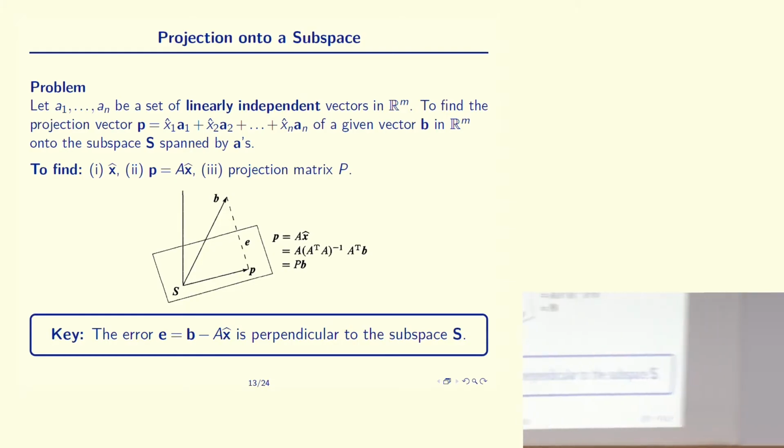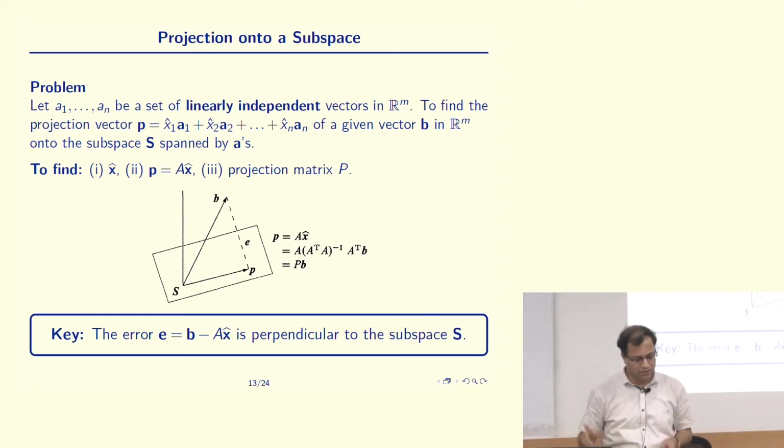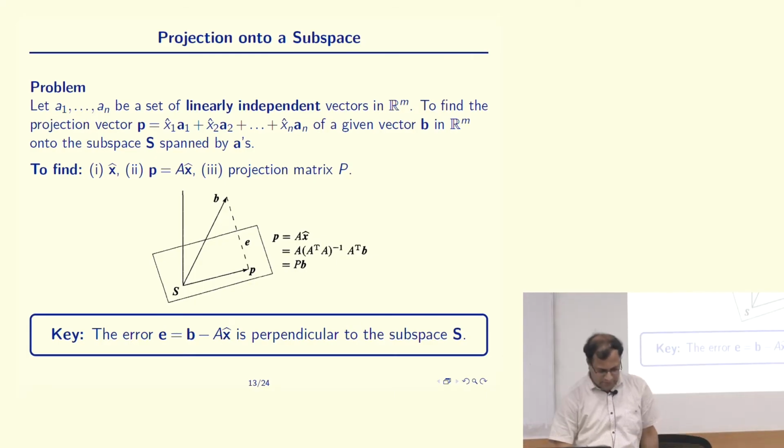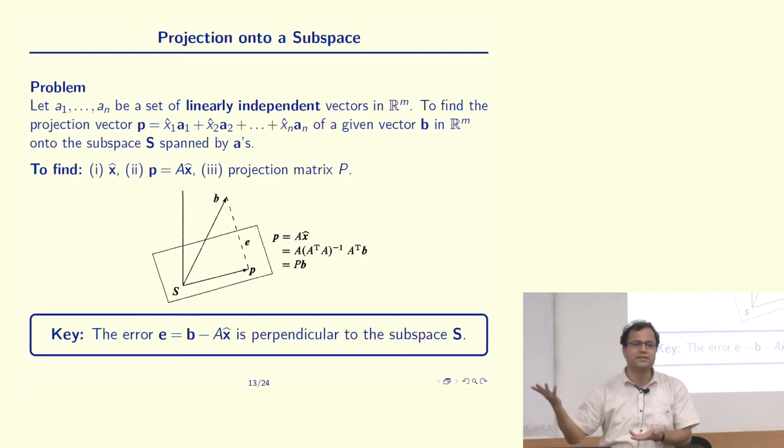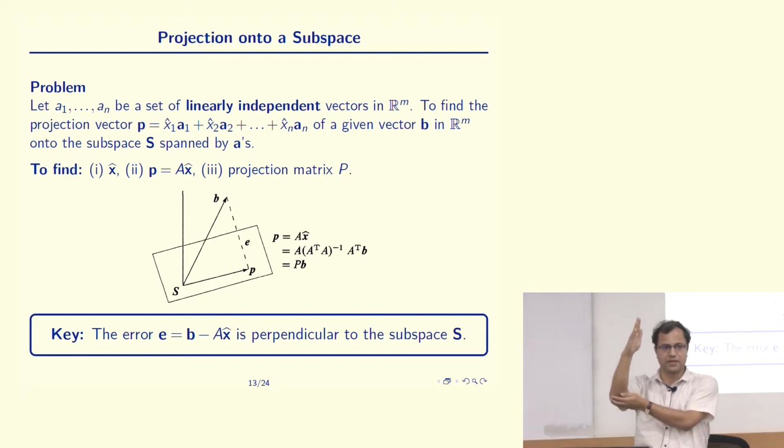Is it clear? When we are projecting, we have to find x1 cap, x2 cap, ..., xn cap. The key is the same: the error vector will be perpendicular to the line.